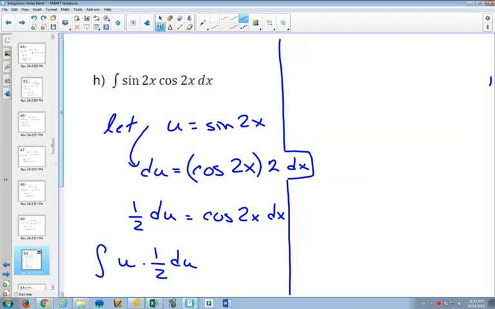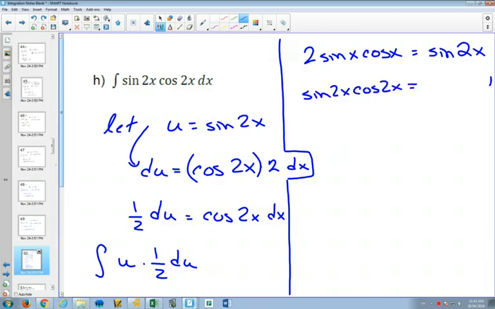Method number 2, I'm going to use an identity. If 2 sine x cos x is equal to sine 2x, do you remember that identity? Then what is sine 2x cos 2x equal to?